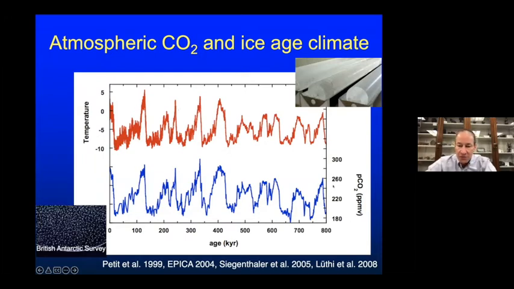Just as temperature varied, so did the amount of carbon dioxide in the atmosphere. In this case, this is not proxy evidence. This is actually measurements of the air that was trapped in bubbles in that ice at that time. So here at the last glacial maximum, carbon dioxide in the atmosphere was low, temperature on Earth was cold.